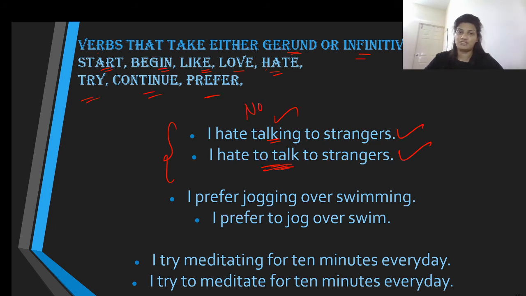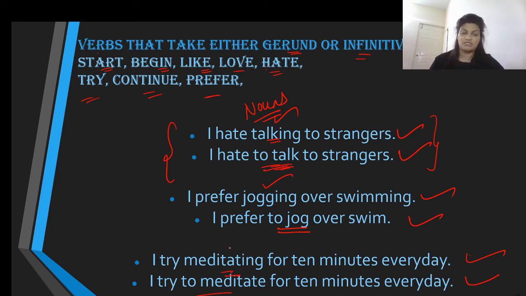Here, both are functioning like nouns. If you remember, a little while ago we discussed about a gerund converting itself into a noun. So this is the situation where both are correct and accepted. I prefer jogging over swimming, or I prefer to jog over swim. Both are correct statements. Similarly, I try meditating for 10 minutes every day. Correct? I try to meditate for 10 minutes every day.